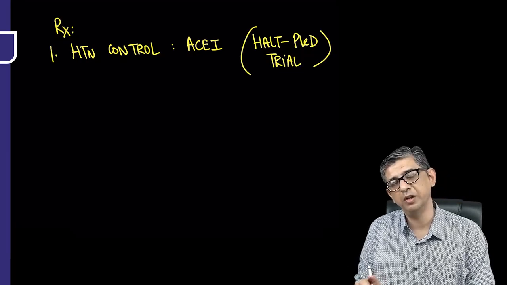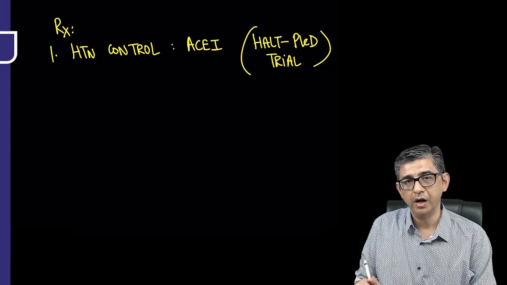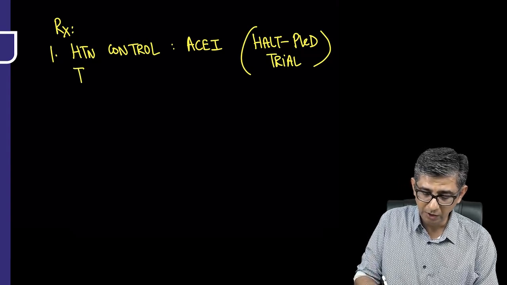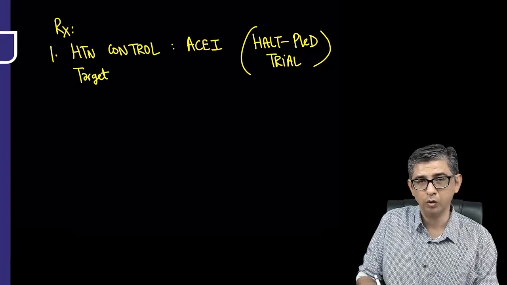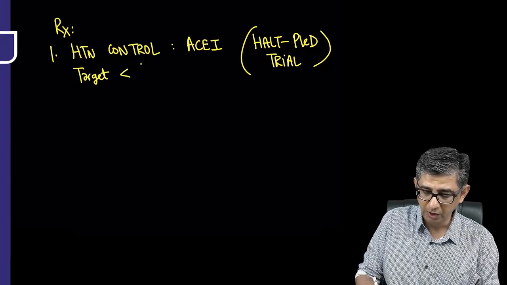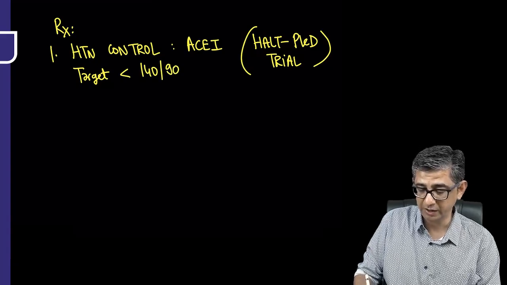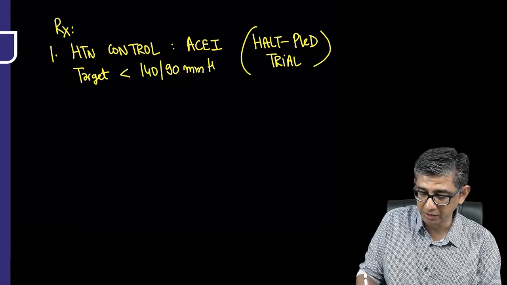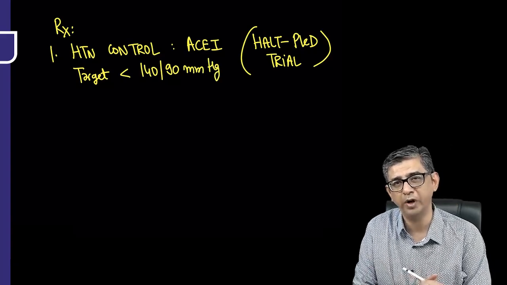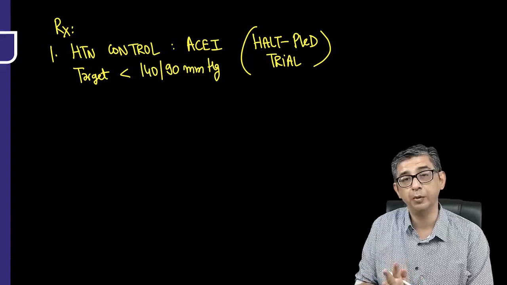The trial was by the name of HALT PKD trial, and it is documented that in case you do good blood pressure control, the target described in the 21st edition of Harrison, the latest edition, is the same as that in the older ones like the 19th and the 20th, that is less than 140/90.